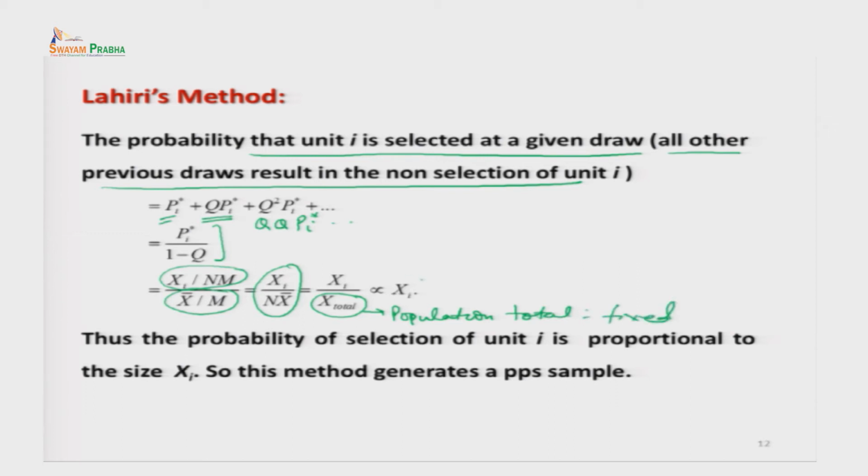So this becomes proportional to capital Xi. Thus we can see that the probability of selection of unit i is proportional to the size Xi. So this Lahiri method also generates a PPS sample.